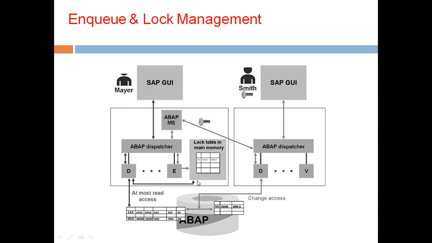So the enqueue work process now checks whether a lock can be set or not. If this is possible, then the lock is set by the enqueue work process, and the lock key is transferred to the requesting dialog work process via dispatcher and message server. So when the lock is requested, what happens? The system checks whether the requested lock conflicts with existing entries in the lock table or not.